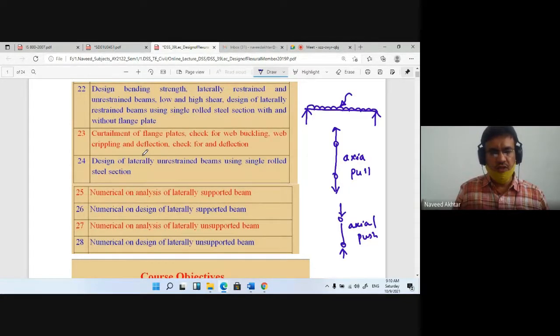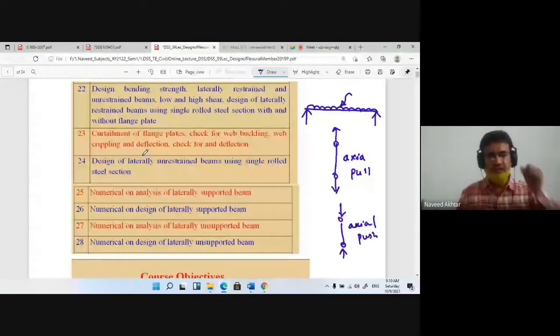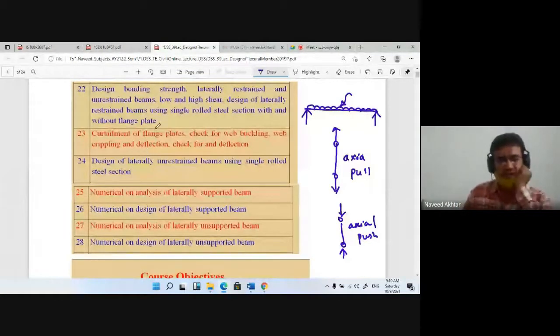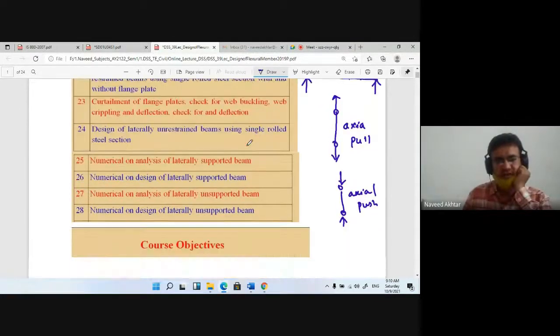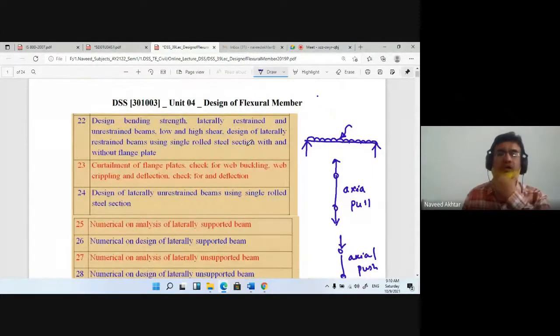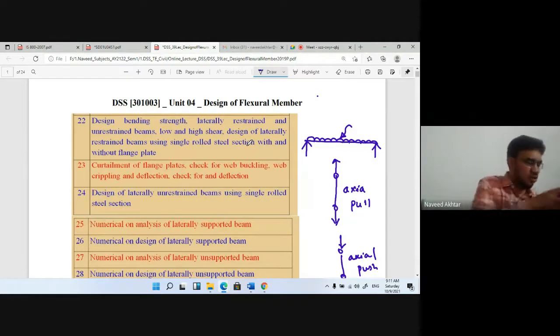So these numericals also we will solve. Today we will only go through the theoretical part of your design of flexural member or beam.